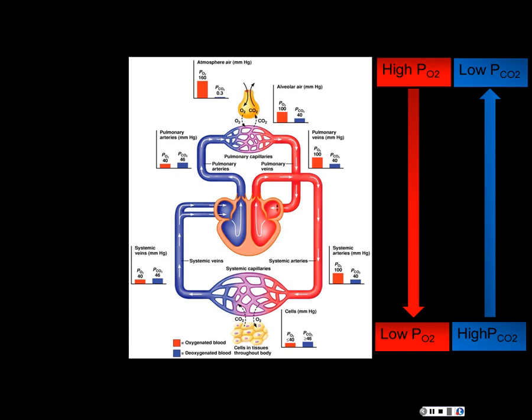So in other words, oxygen diffuses from the greatest pressure of about 100 millimeters of mercury in the alveoli down this pressure gradient into the blood. We'll talk about that in a minute. And eventually from the blood into our tissues, where the pressure is about 40 millimeters of mercury. You see how the oxygen moves from the greater to the lesser?